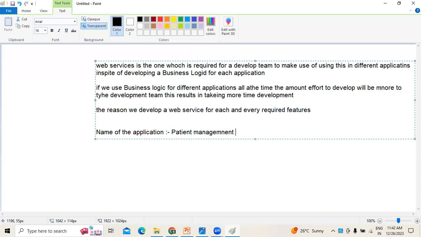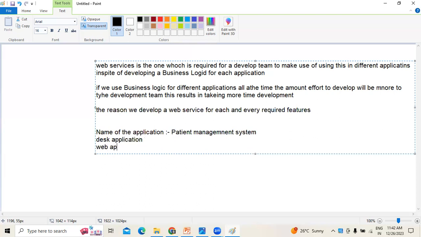Now, if you have seen this patient management system, as far as the software is concerned, normally we have different applications we have to develop. We need to develop a desktop application. Next, a web application.